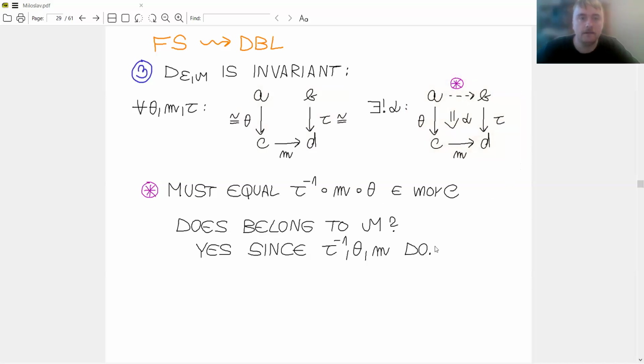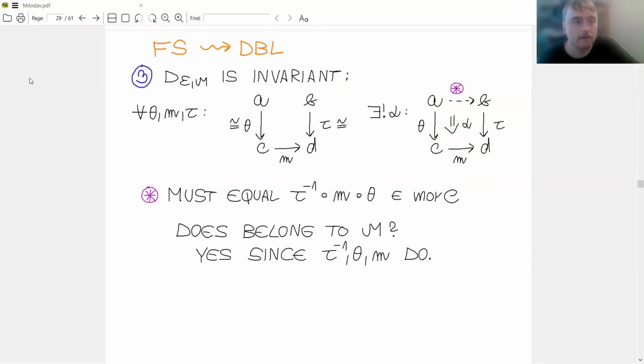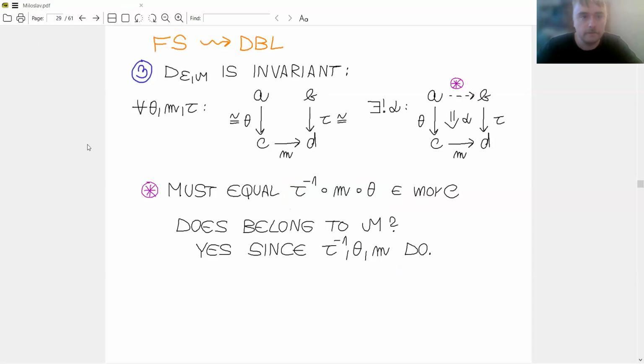In this double category of commutative squares, this is the case because this composite is a morphism in C, but we would like it to be a horizontal morphism, which means a morphism in M. The question is whether it belongs to M, and the answer is yes, because these two are isomorphisms, so they belong to M, and this one belongs to M. So does this composite. So this is another property that this double category has.